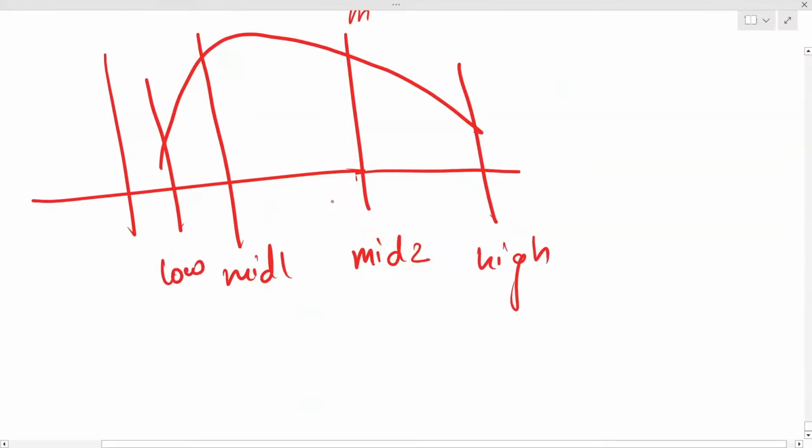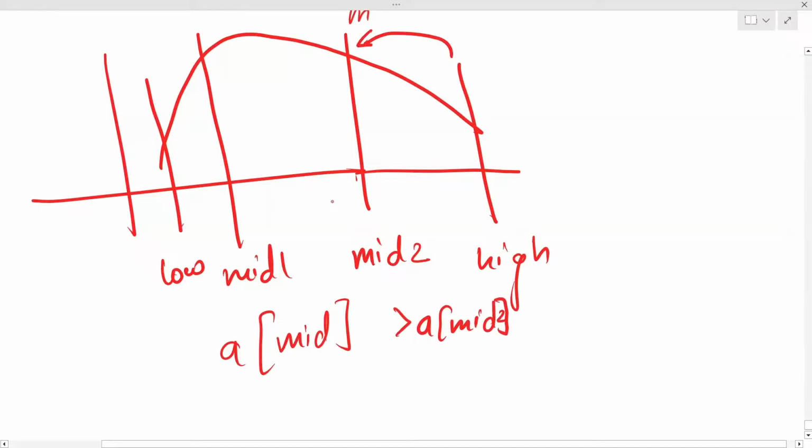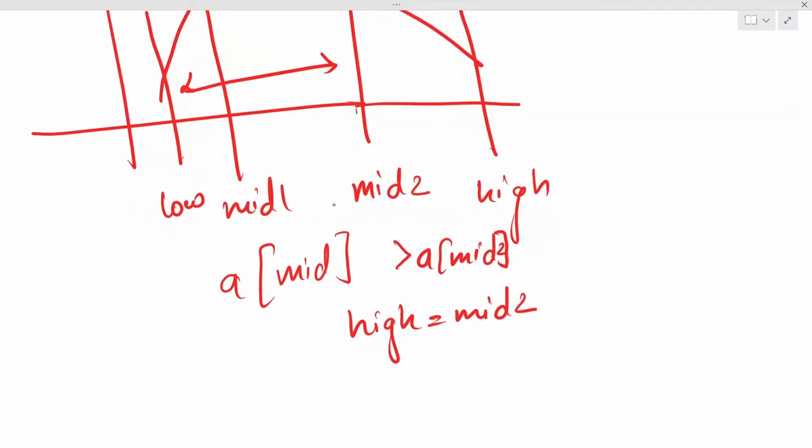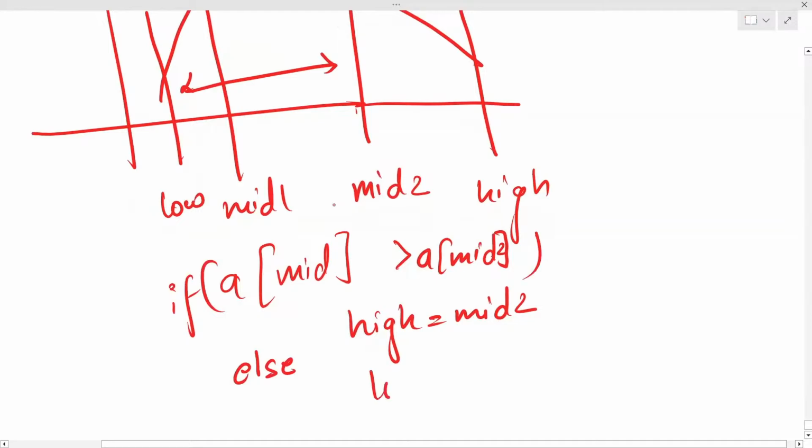If my value at mid one turns out to be more than the value at mid two, then my high will change to mid two, because the maxima is always in this part. Otherwise, my low will become mid one.